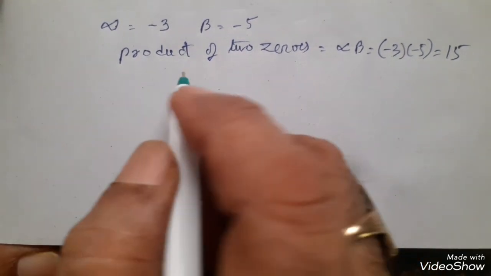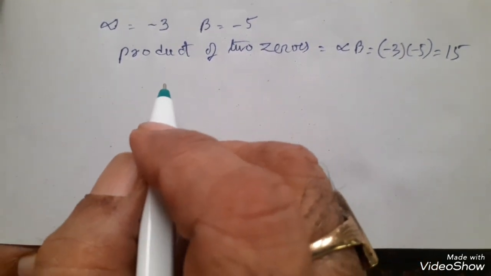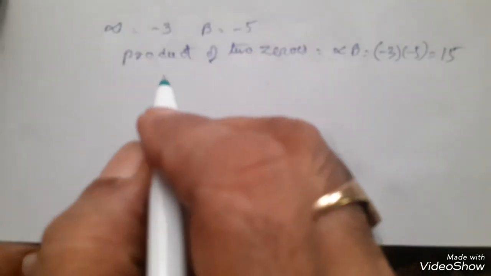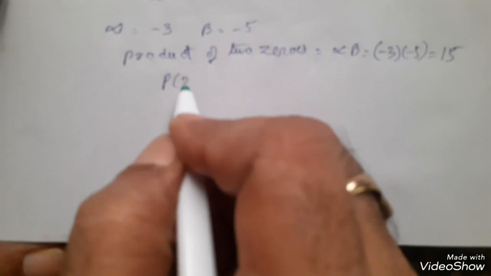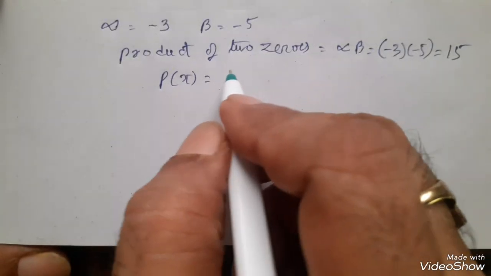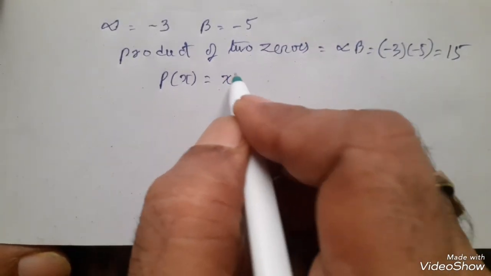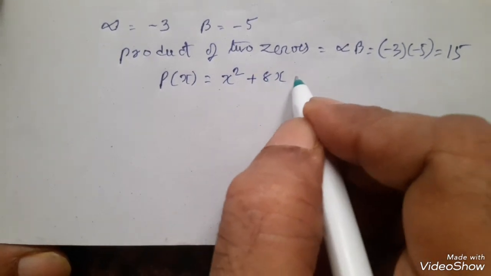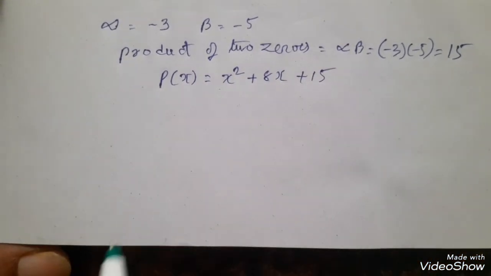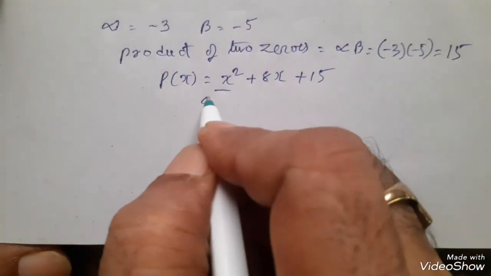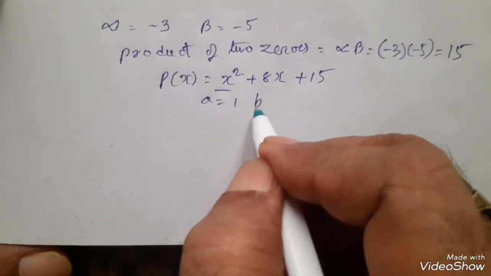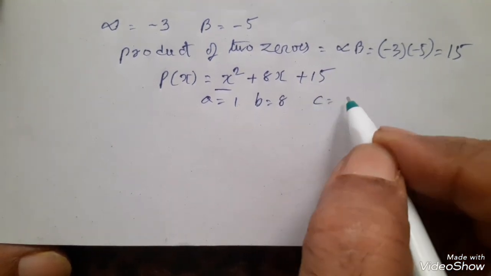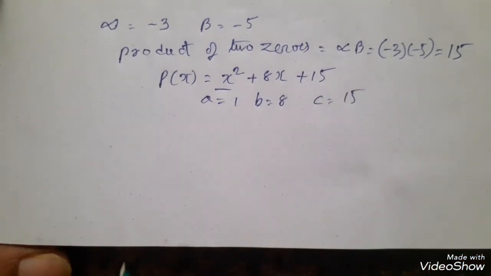Now with the help of coefficients also we can find the product of zeros. So what is the polynomial you have? That is p of x equals x square plus 8x plus 15. Here the coefficients are a equal to 1, b equal to 8 and c equal to 15.